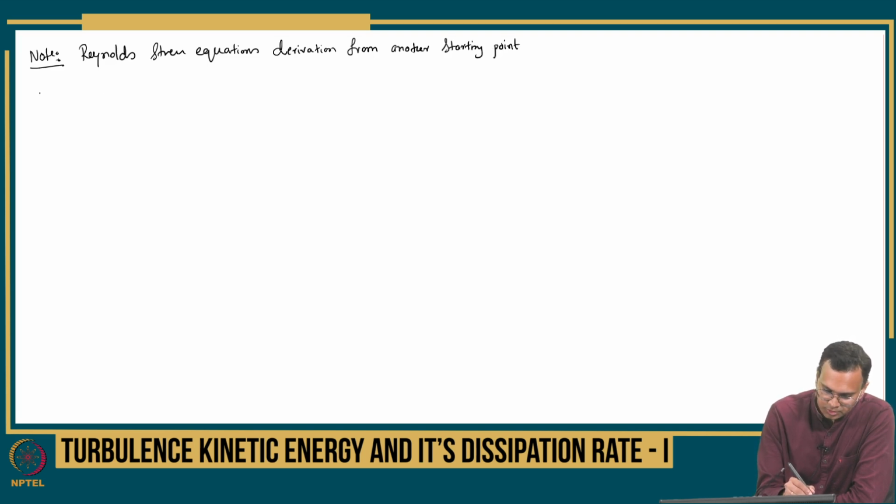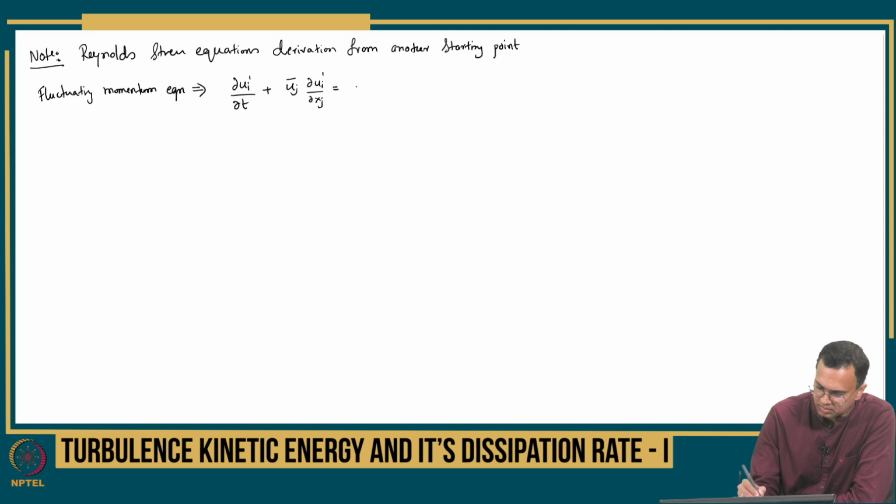So the fluctuating momentum equation will be slightly different from what we have used. The left hand side is the same, plus uj bar ∂ui prime/∂xj equal to, the pressure term is the same.